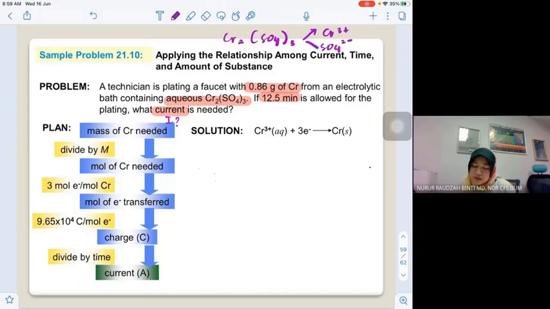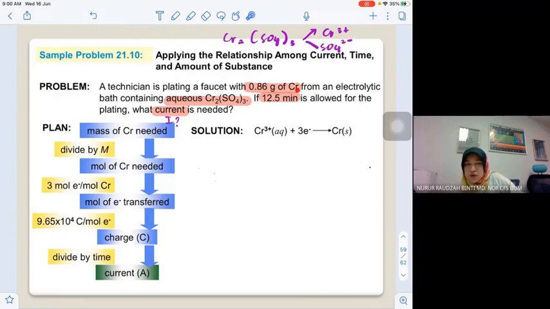So this is what we did in the first part. From the electrolyte, we have Cr3+ and the sulfate. We don't need to consider the competition between the chromium and also H2O because the question told us that we want to produce the chromium.